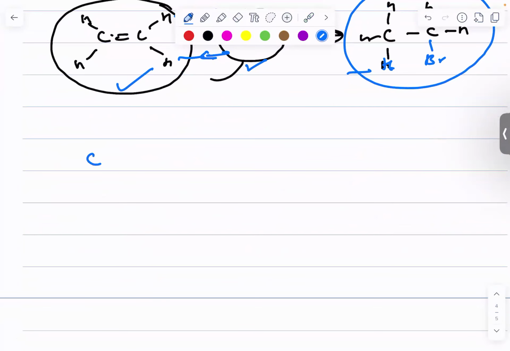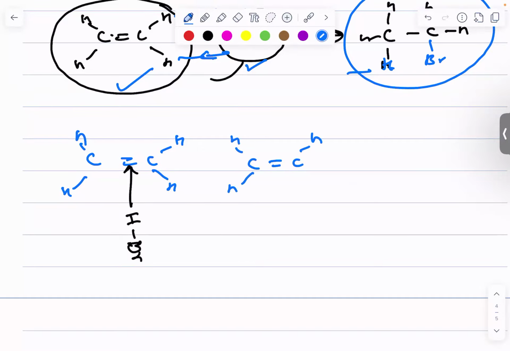Look, this is C double bond C with H H H and H. Now HBr will collide like this, on this double bond from the H side. Now the second option: C H H H and H. Now it is going to collide like this, HBr, where the Br side will collide with this double bond.